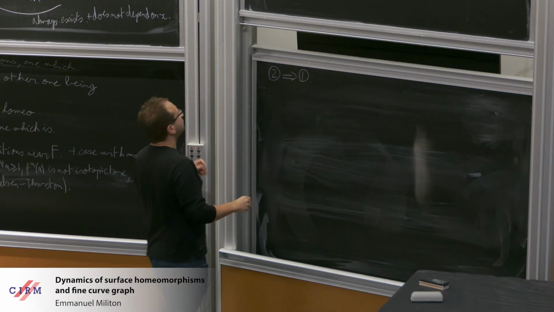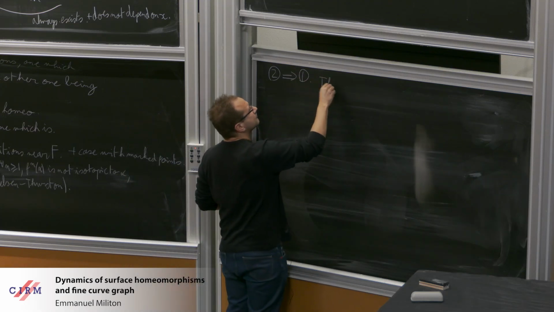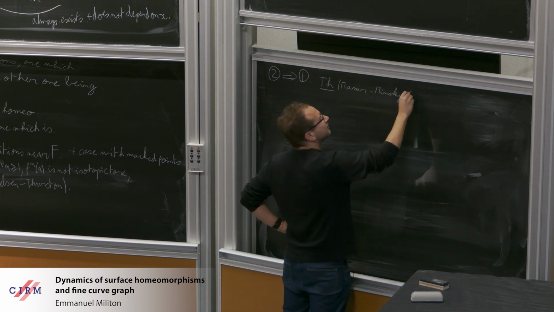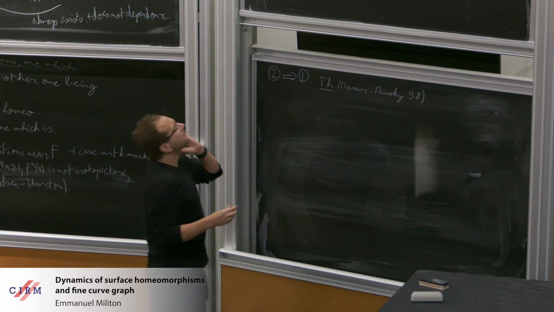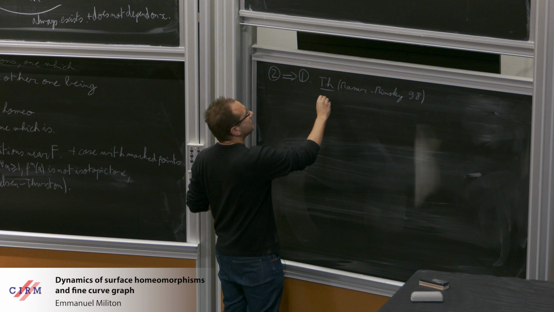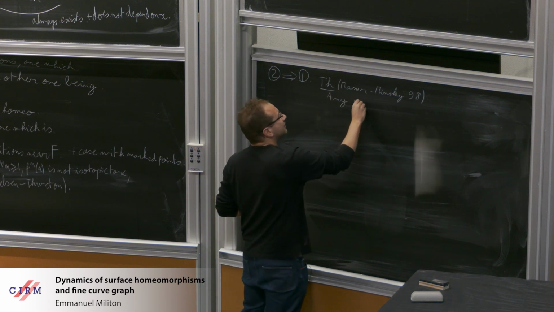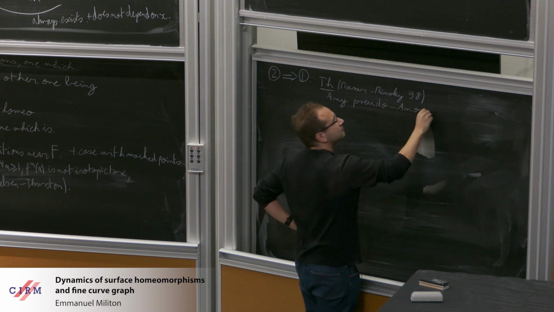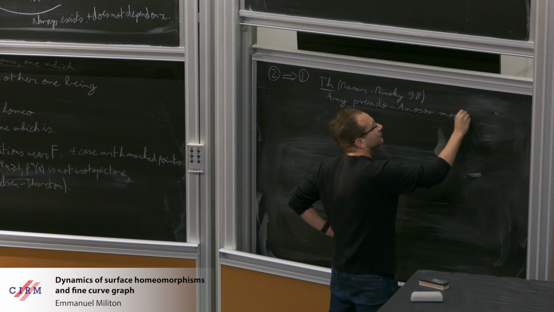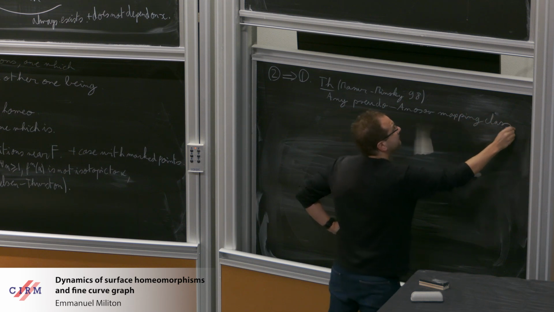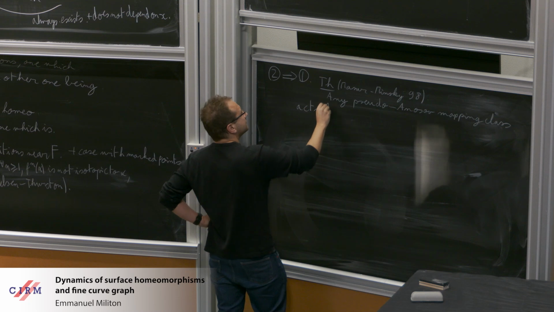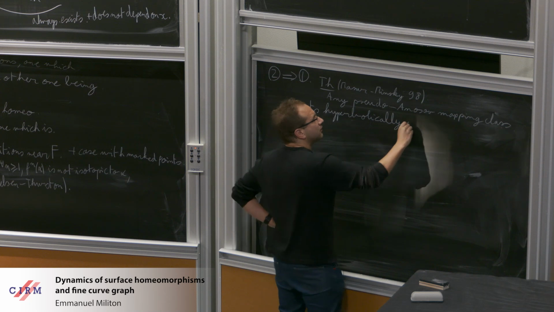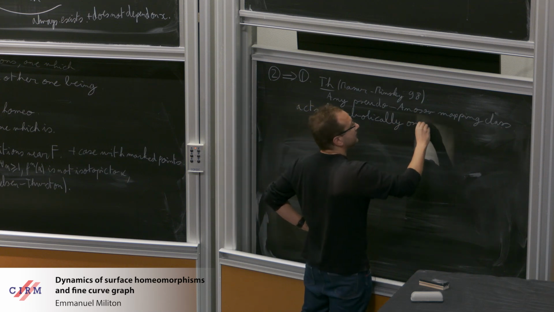But it's easy because we use a theorem by Masur-Minsky, which says that any pseudo-Anosov mapping class acts hyperbolically on the classical curve graph.